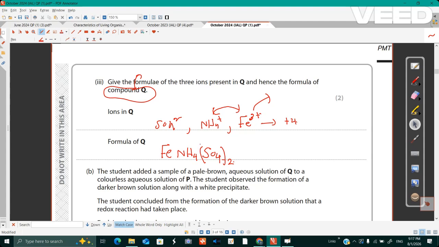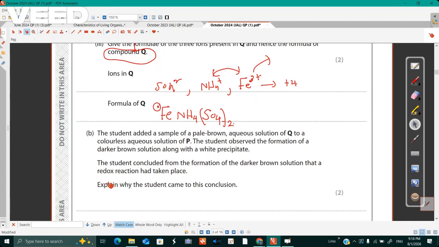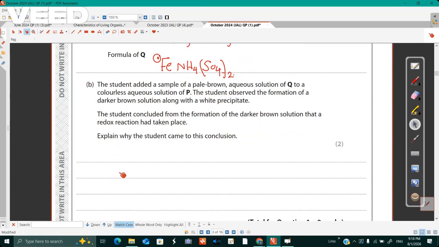This is the only possible answer. The best answer is this. I am not saying there can be other answers, but this is the best possible answer, because scientists also decide on a compound based on the best possible answer. They haven't seen these compounds. In chemistry, it is all based on assumptions. Just give the best possible answer.